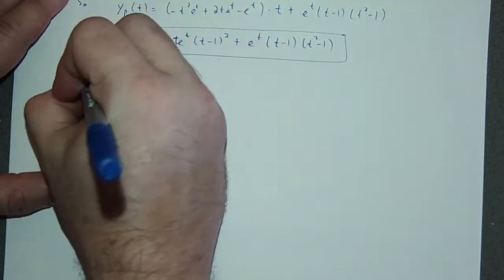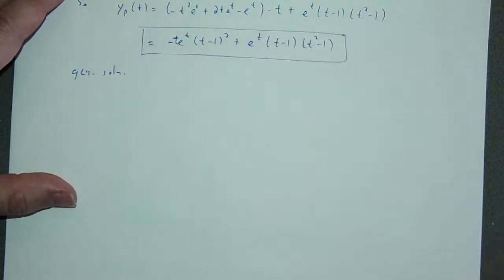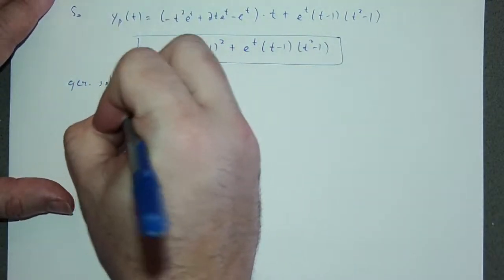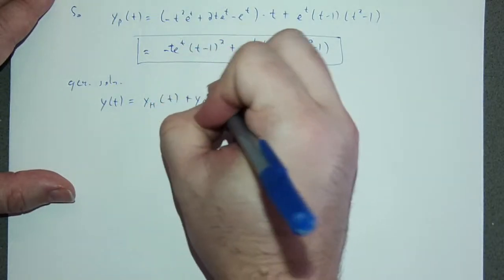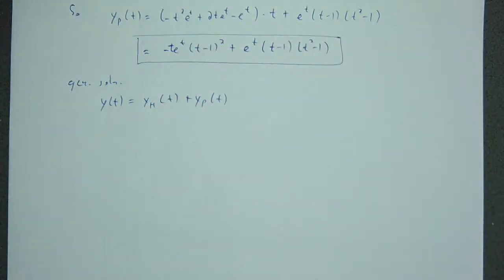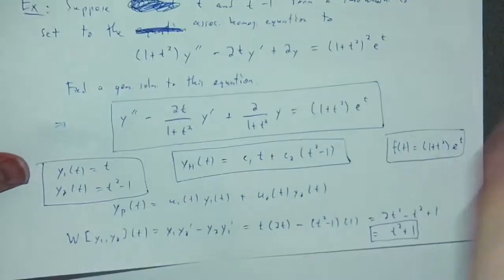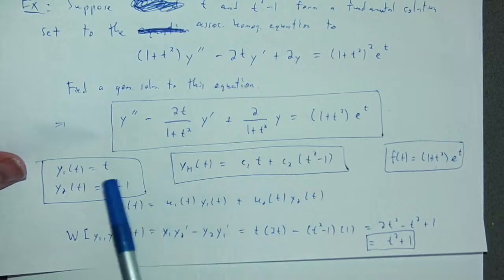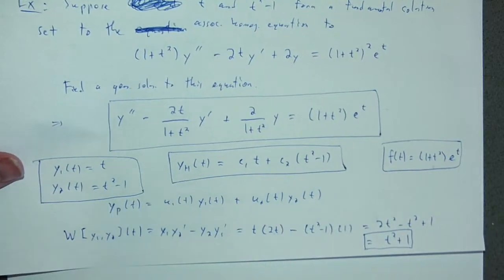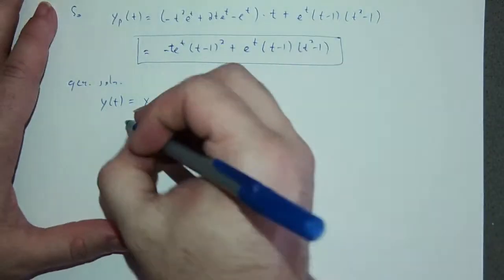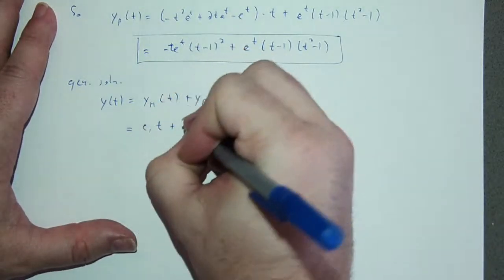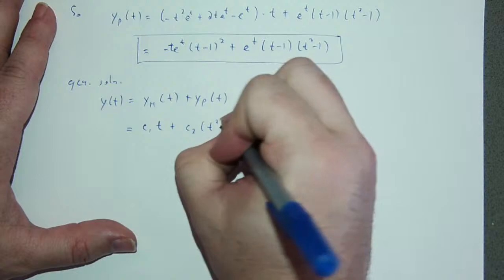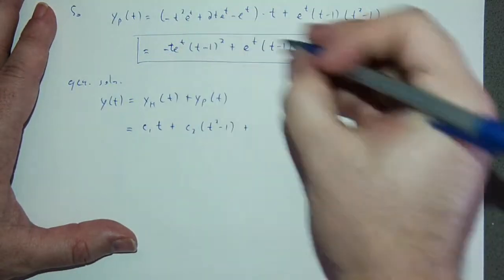And then the general solution to the equation that I started with is the homogeneous part plus particular solution. Well, recall the homogeneous part is just c1y1 plus c2y2, right? So this is c1 y1, which is just t, plus c2 times t squared minus 1, plus particular solution, which is this thing.